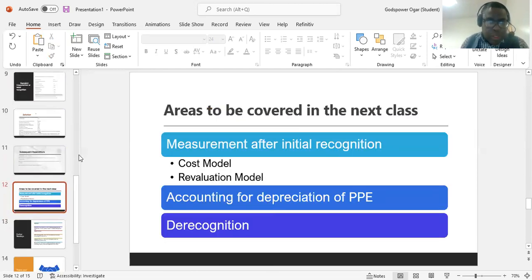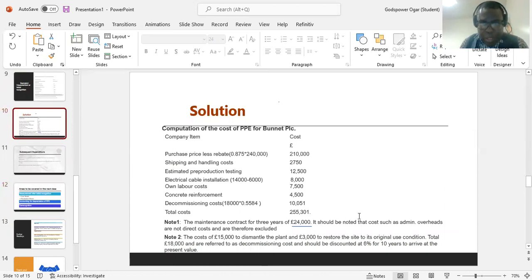Don't forget, this question is not really very difficult. It's simple, because you should also understand that in trying to solve this question, you must account for discounts. It means that you have to account for the dismantling cost of 18,000, 15,000 for dismantling and 3,000.